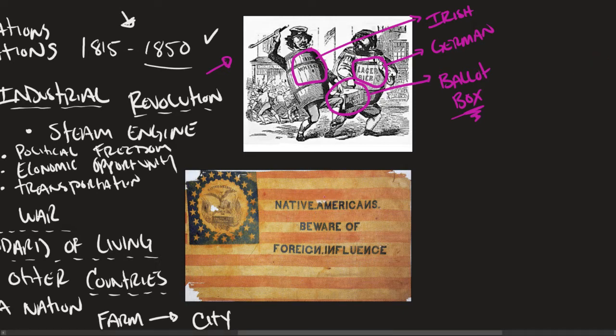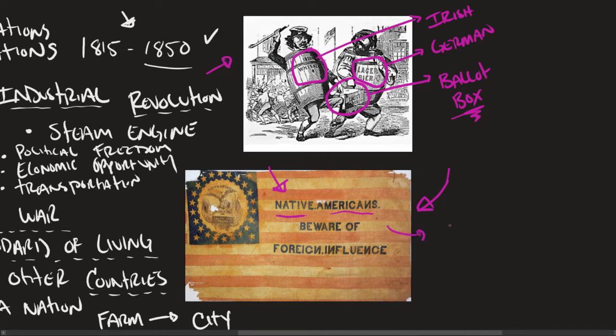Here's another flag from the nativists. The irony in this one, I love pointing it out, is that it says here, Native Americans, beware of foreign influence. Now, Native Americans here is not what we would think to be Native Americans.